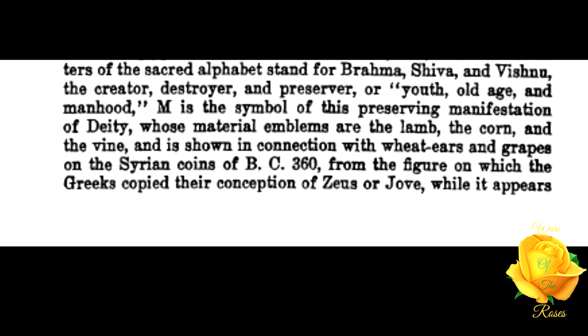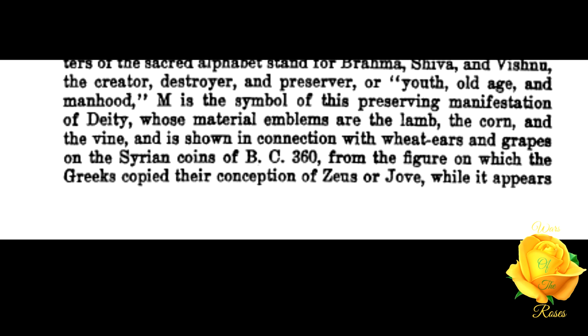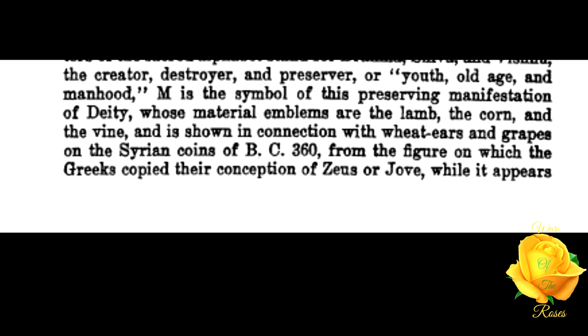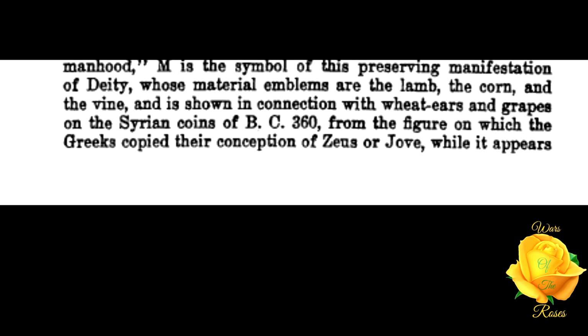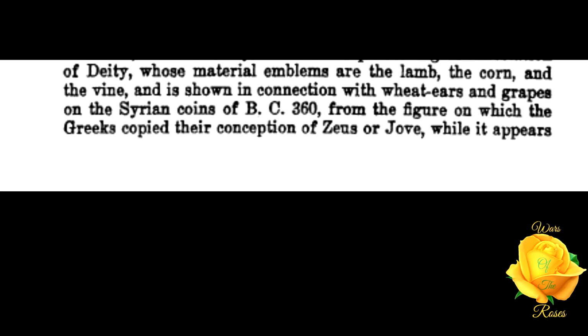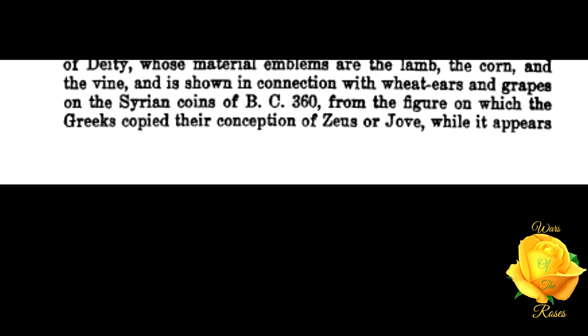M is the symbol of this preserving manifestation of deity, whose material emblems are the lamb, the corn, and the vine, and is shown in connection with wheat ears and grapes on the Syrian coins of BC 360 from the figure on which the Greeks copied their conception of Zeus or Jove.